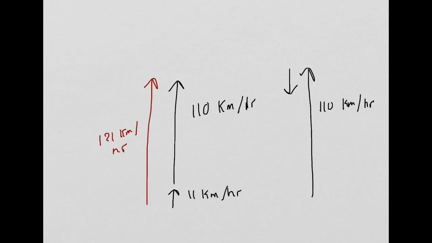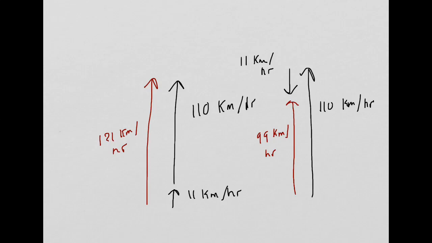So that would be a southerly wind that is 11 kilometers per hour. Okay, so my resulting vector in this case is this guy. I need to subtract the vectors because they're in opposite directions. Okay, and that's going to be, let's see, so 99 kilometers per hour in the northerly direction.